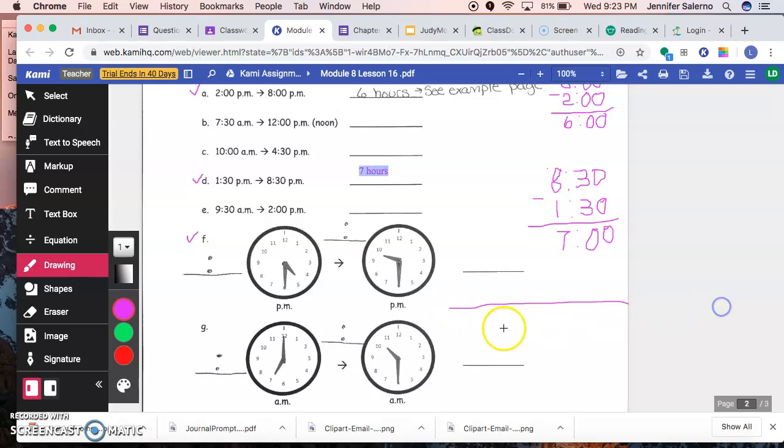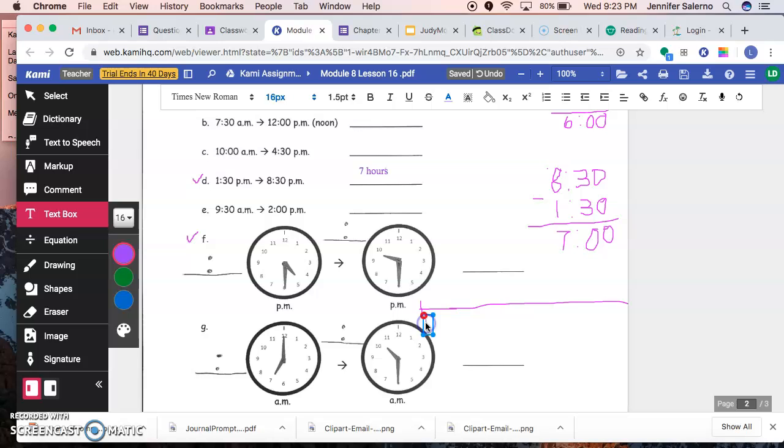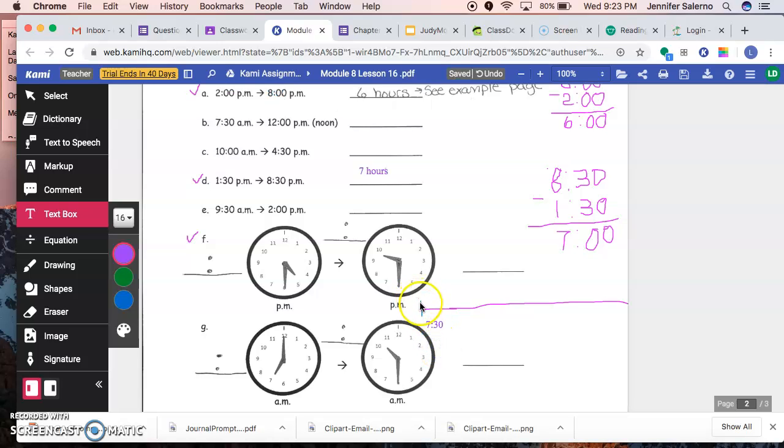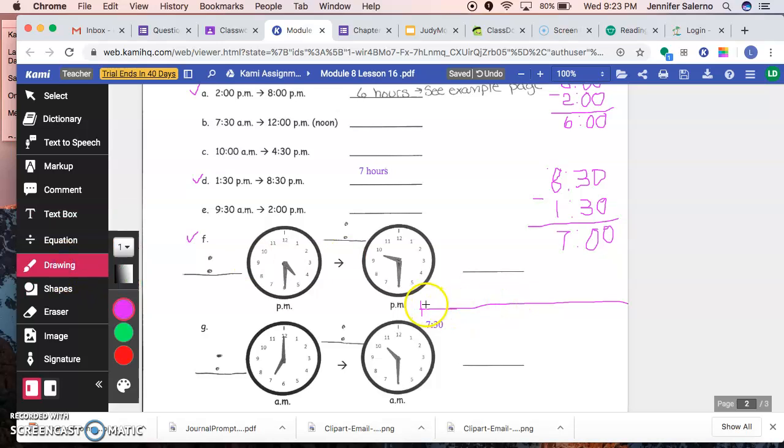It's going to be a little hard for me to do it on here, but I'm going to do it the best I can. My start time is 7:30, so I'm just going to put right here 7:30. Now I'm going to make a loop. That's why it's easier to do this on paper, but I want you guys to see it.